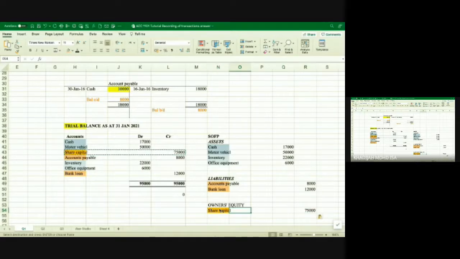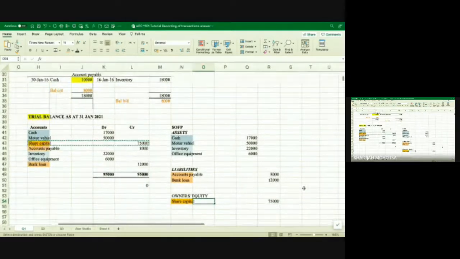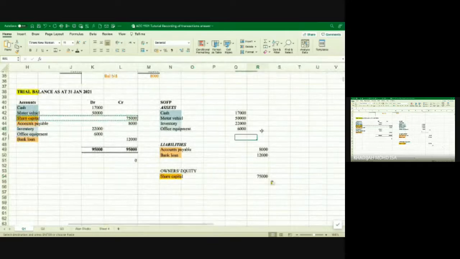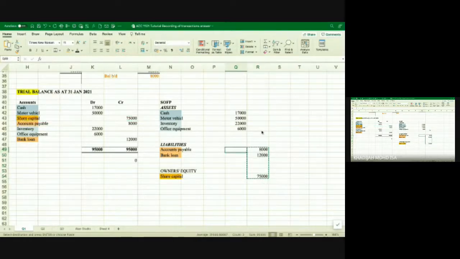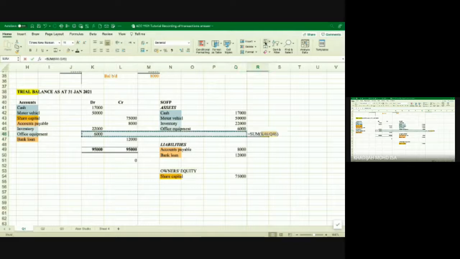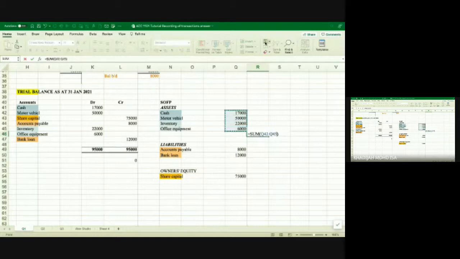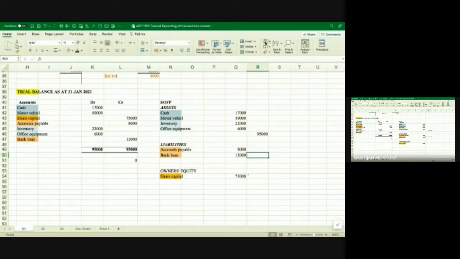So what is the rule? Your total asset will always be equal to your total liabilities plus your total owner's equity. I put it here, easy, right? So you look at your total asset, take that amount, and then your total liability here first.